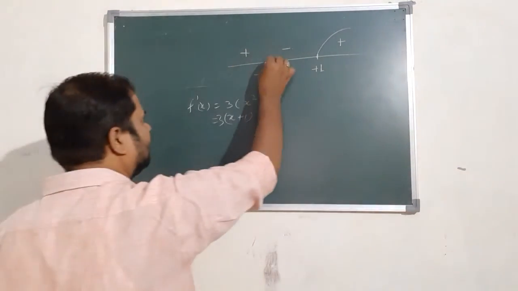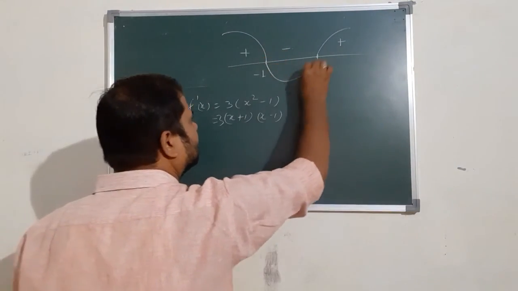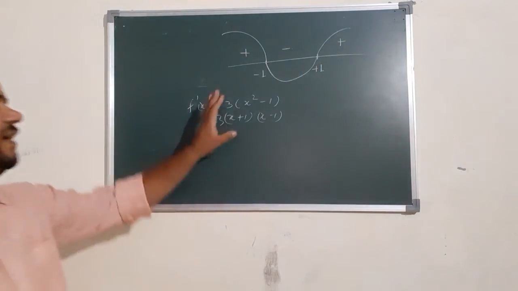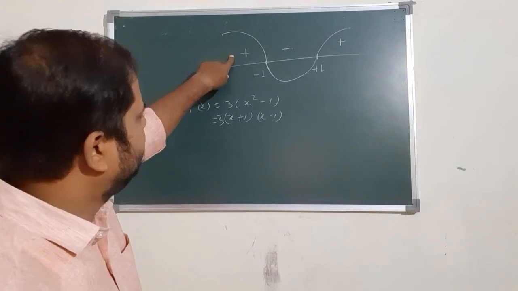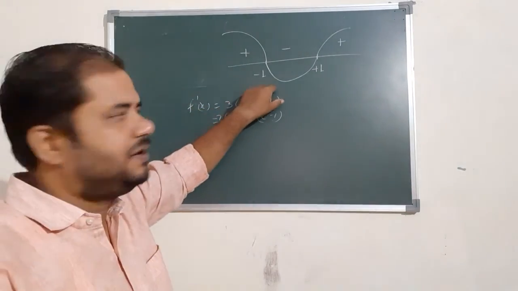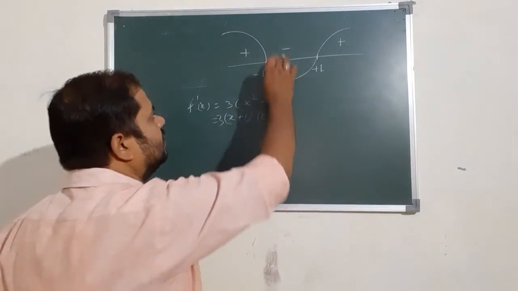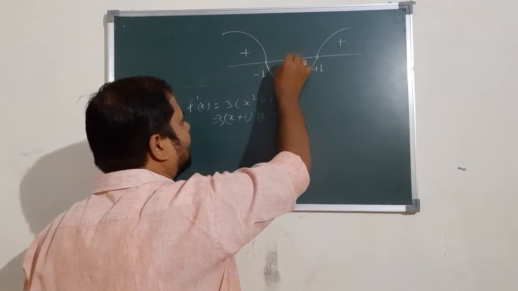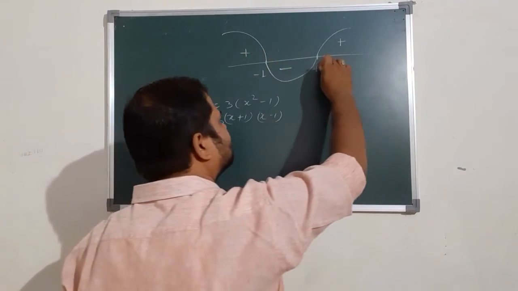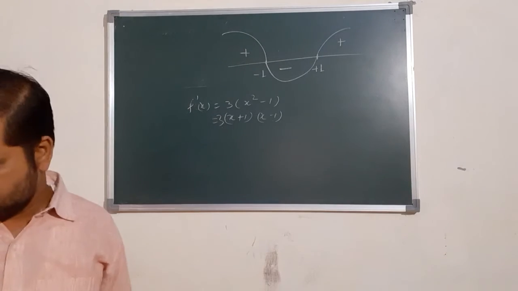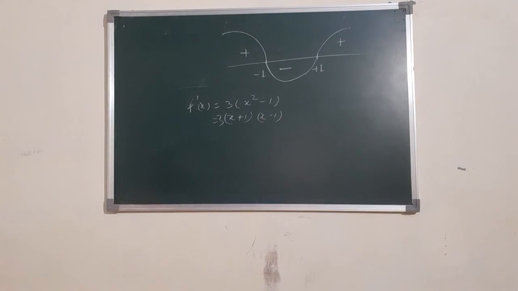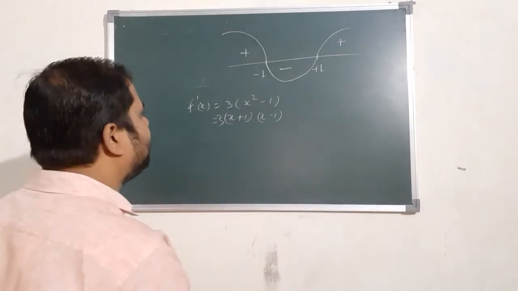So you see f dash x, if you see at x is equal to minus 1, it changes sign from positive to negative, and at x is equal to 1, it is negative to positive. If the sign changes from positive to negative, then this is the point of maxima.